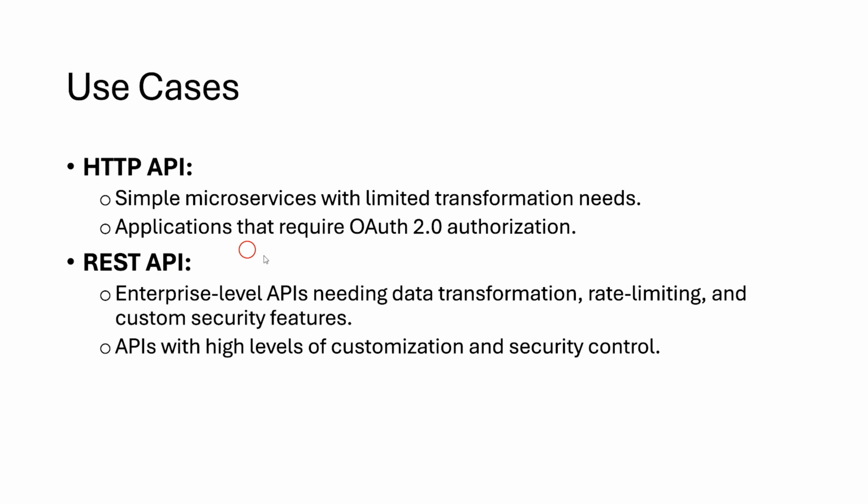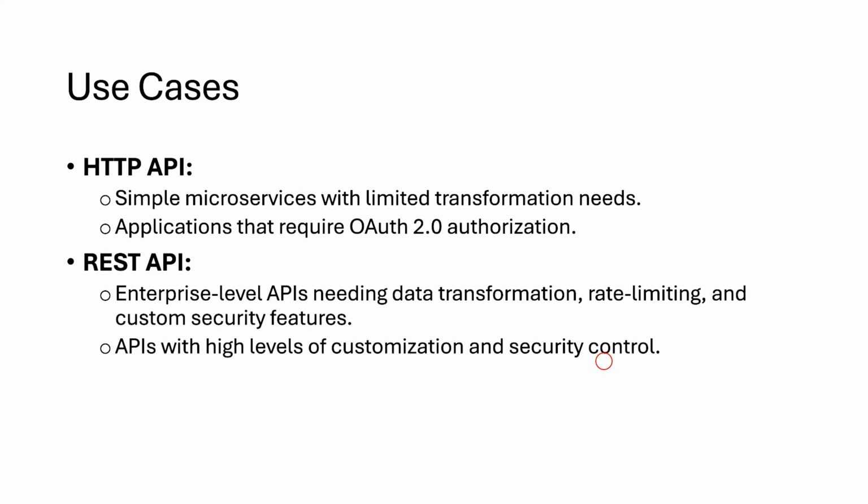And when it comes to REST API, it is for enterprise-level APIs, when you want to build a complex API which requires huge data transformation, and you also want to include rate limiting, service limiting, quota limits, and custom security features. You can use REST API. And for APIs with high levels of customization and security control, you don't have any other option. You have to go to REST API. So I hope you understand when you should use which.